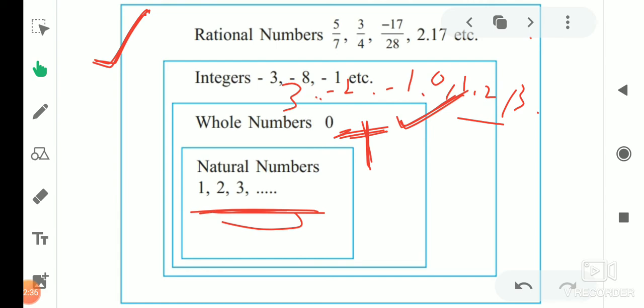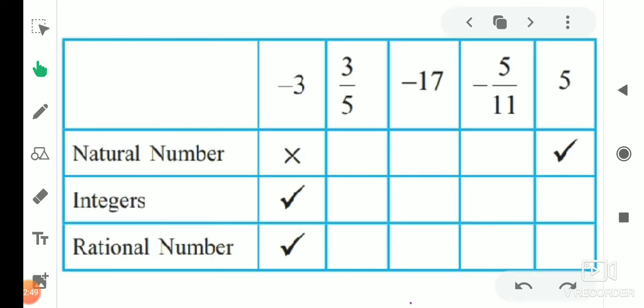Then whole numbers contain all the natural numbers, and natural numbers are the smallest group of numbers that starts from 1. Okay, these were the different types of numbers. Now let's take some practice of this. There are a few numbers and we have to classify these numbers into different types of groups.